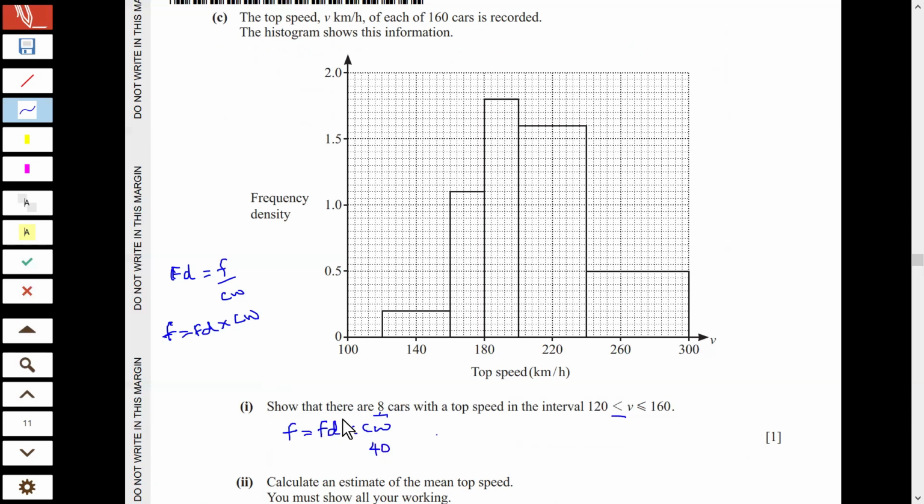Now, the frequency density can be found on the graph here. With the class interval of 120 to 160, we can trace it to find the frequency density on the y-axis.